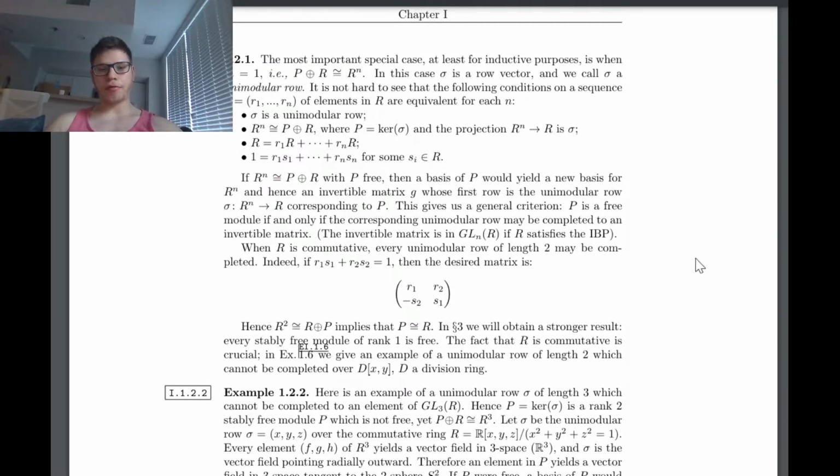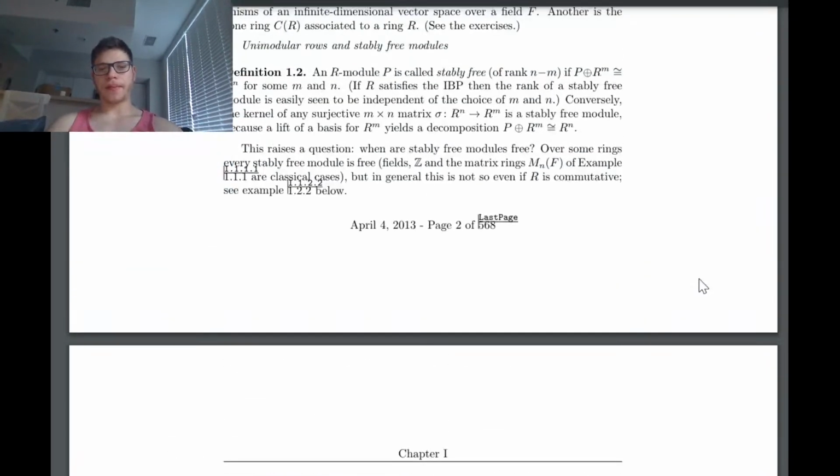The most important special case, at least for inductive purposes, is when m equals 1. So you just add one copy of R. In this case, sigma is a row vector, and we call sigma a unimodular row.